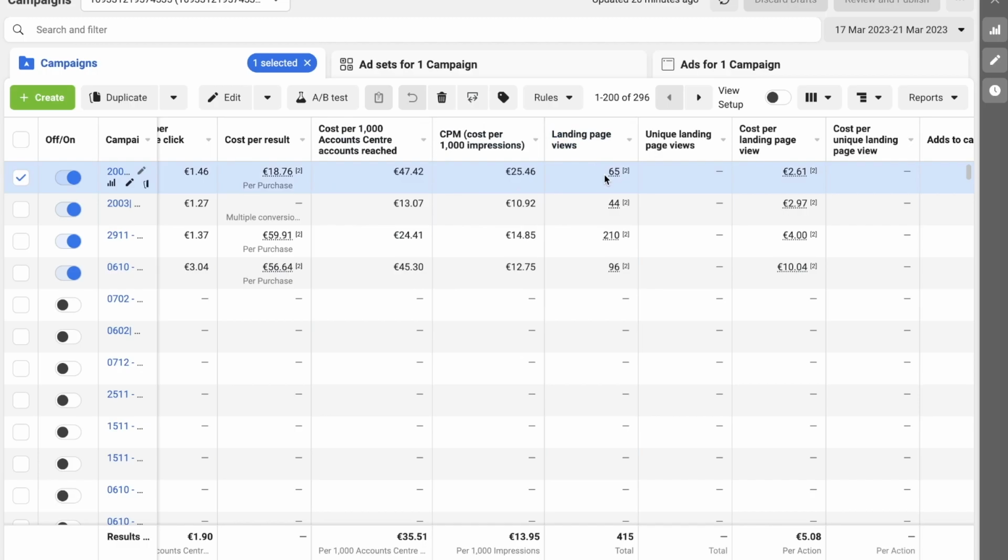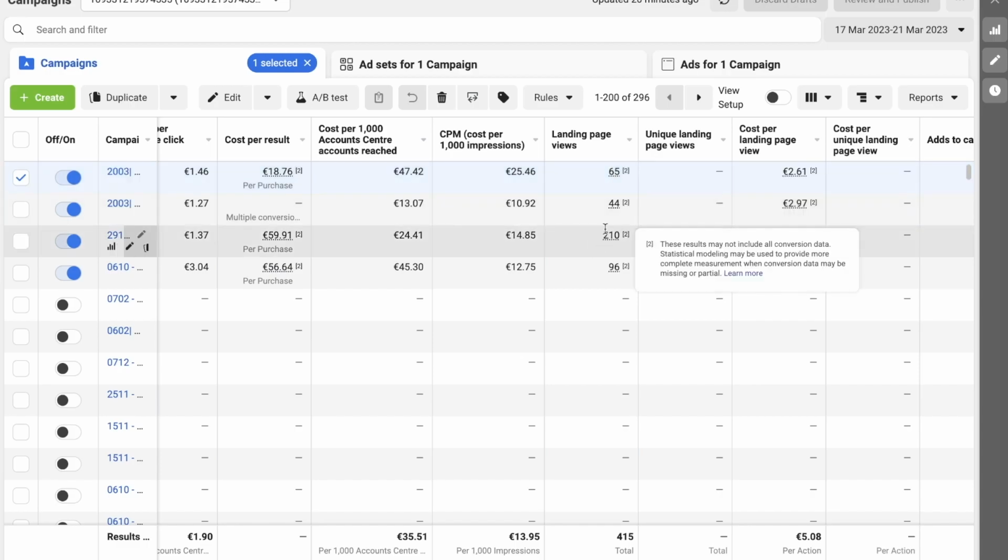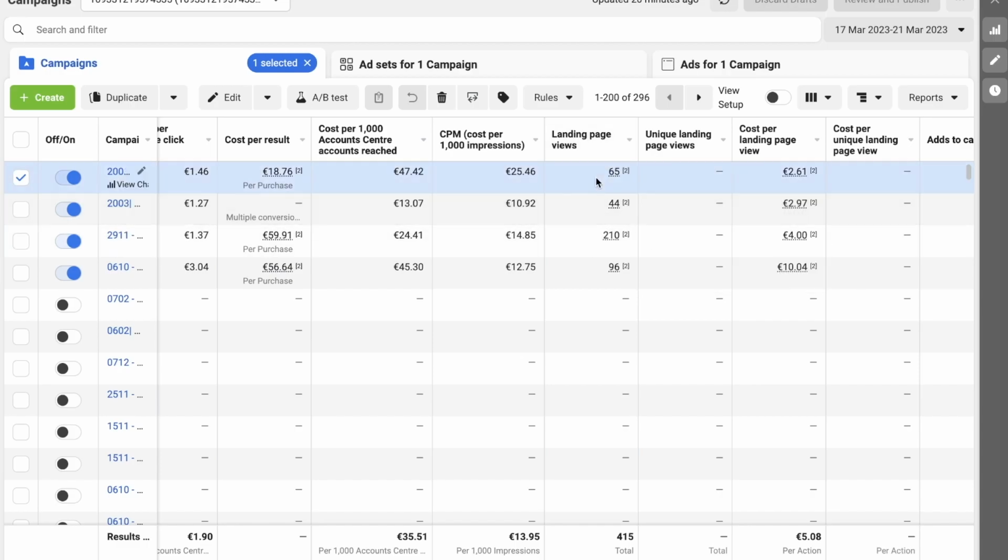Because if you have 5 seconds, 10 seconds page load speed, then of 100 outbound clicks, definitely 10, 20, 30 might lose the motivation and just go back to Facebook, back to scrolling, because I don't have time for loading your page. Now you can't really tell, is this a page load error? Is this a tracking error?